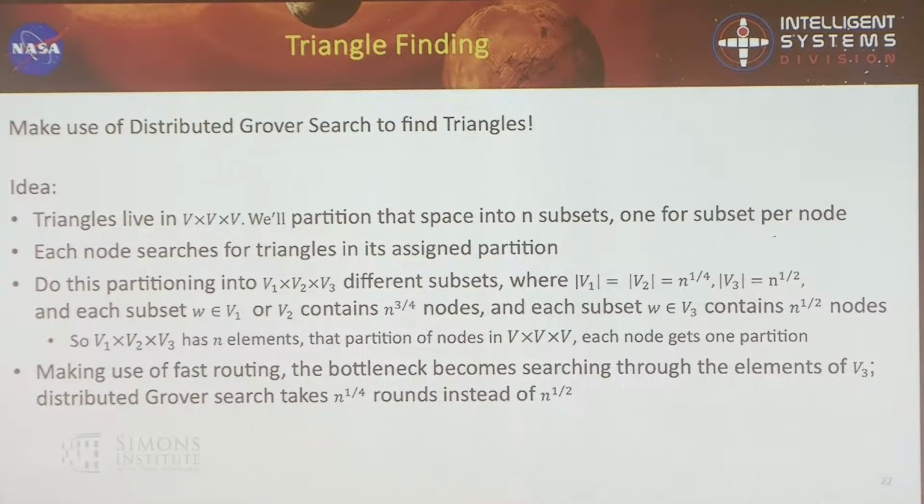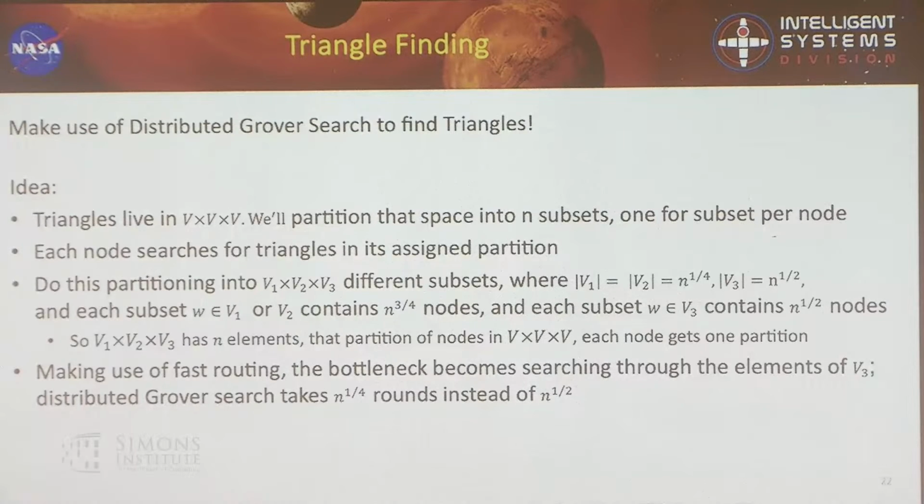And if we look at what each of those nodes has to do, for V1 and V2, each contains n to the 3/4 nodes, and V3 contains n to the 1/2 nodes. And so we're going to make use of the fast routing. The bottleneck comes through searching elements of V3. So with distributed Grover search, we can do this in n to the 1/4 rounds instead of n to the 1/2.